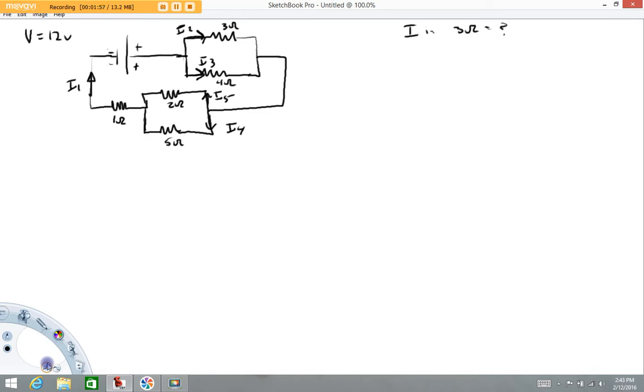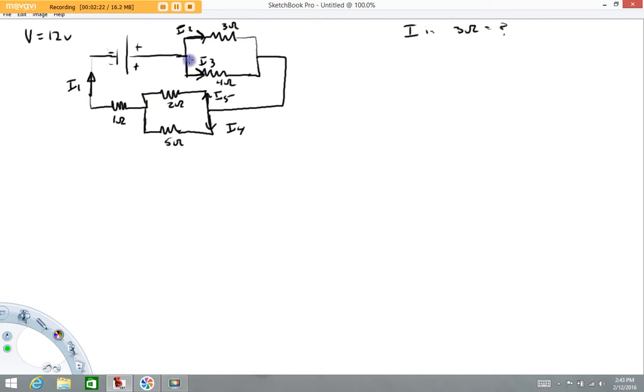We've probably talked about in class now Kirchhoff's loop equations. One thing I could do is write a loop maybe like this. The equation for that loop, though, is going to have a bunch of unknowns: an I1 unknown, an I2 unknown, and an I5 unknown.